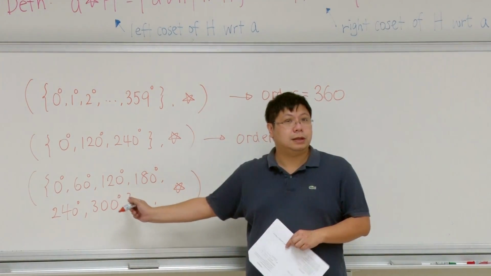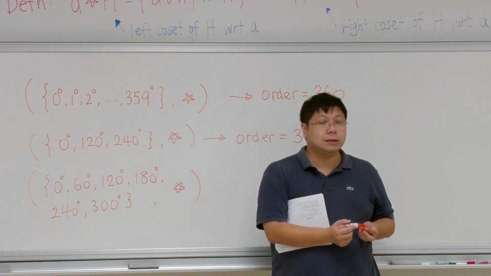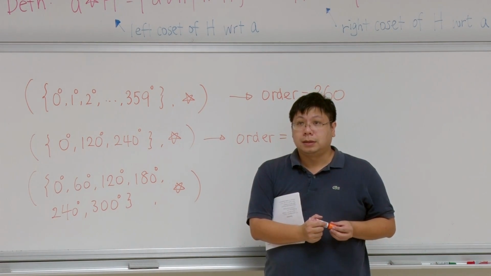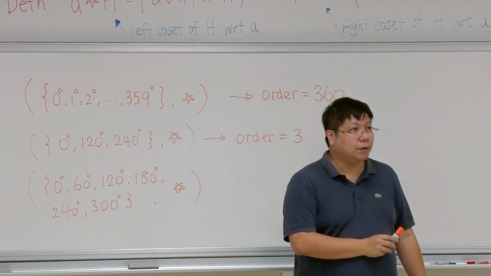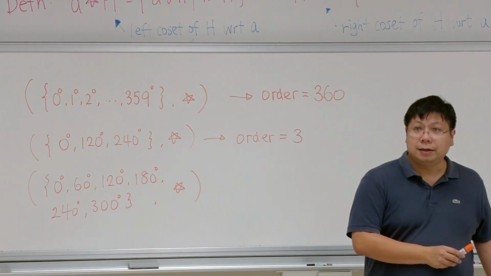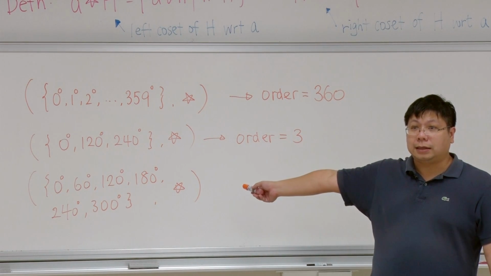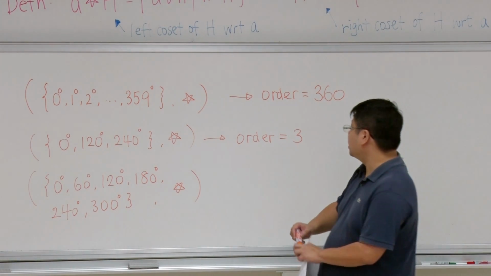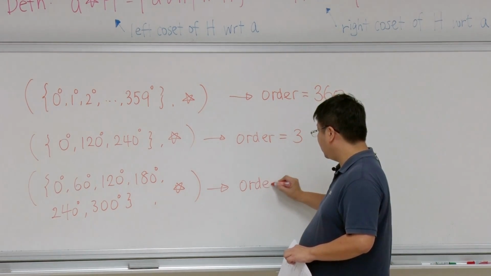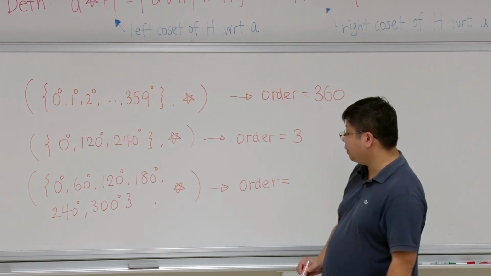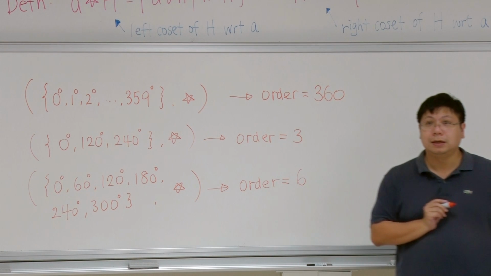Because we just need to check whether it is closed, and it is easy to check that it is a closed operator. Applying any two elements, 120 and then 300, you get 420, which is equal to 60, and 60 is in the set. So it is closed. For this one, the order is: how many items are there? 1, 2, 3, 4, 5, 6.